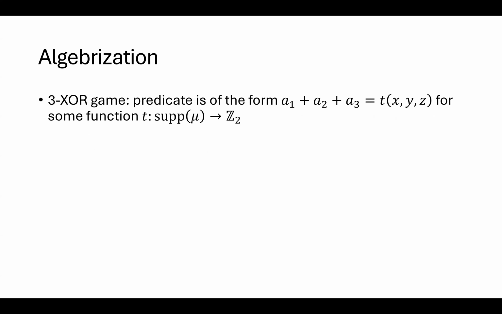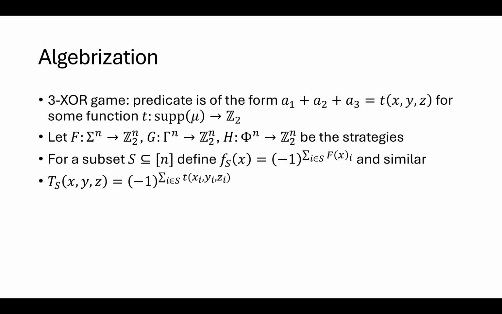Now we're going to go over the proof idea briefly. The first step of the proof for any 3 XOR game is to express the winning probability of some set of strategies in an algebraic expression. So remember that in a 3 XOR game, the predicate is of the form A1 plus A2 plus A3 equals T of XYZ for some function T on the support to Z mod 2.